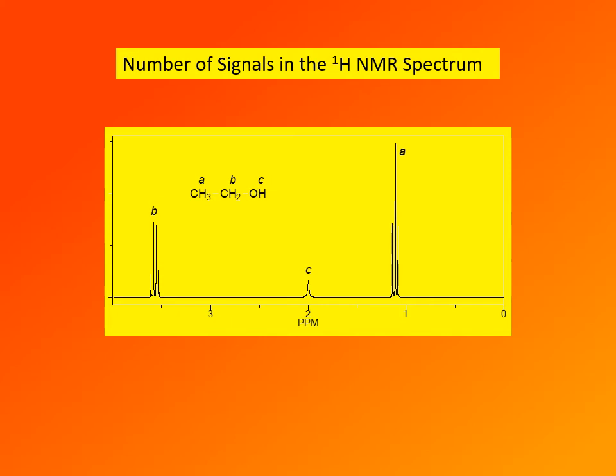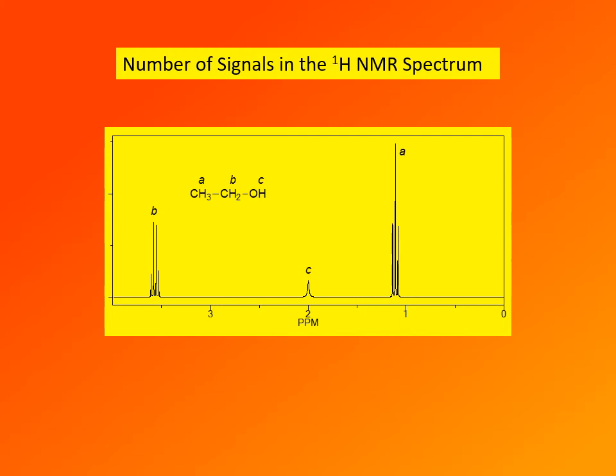So you can see that the number of signals corresponds to the number of chemically different types of protons in a molecule. So from the number of signals, we can draw a conclusion how many different types of protons are present in an organic molecule.